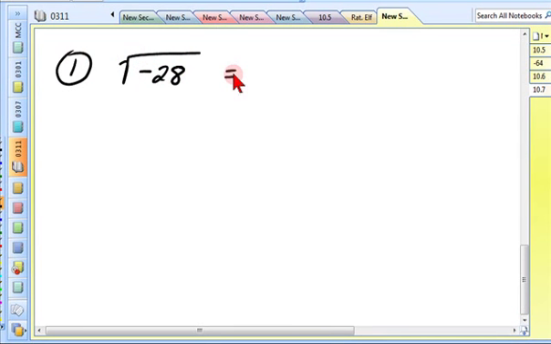Well, in terms of i, do you agree that I could say it's the square root of 28 times the square root of -1? Okay, now could I simplify this positive square root of 28? Is there a perfect square factor that goes into 28? 4 and 9. 4 and 8. I mean, 4 and 7. We'll get it in a minute. We just keep guessing. All right.